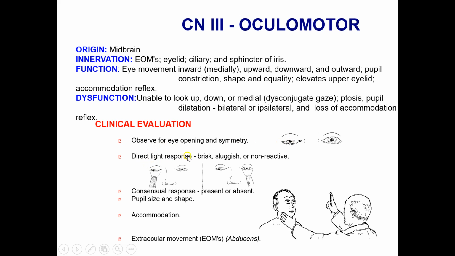You will check for direct light response and see if it is brisk, sluggish, or non-reactive. You must also check the indirect or consensual light response, whether present or absent. Check for pupil size and shape, accommodation, and ultimately extraocular movements in all directions.